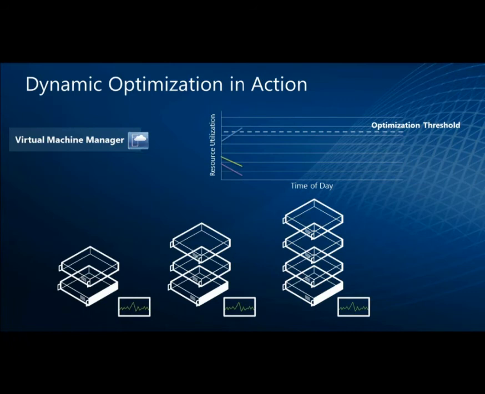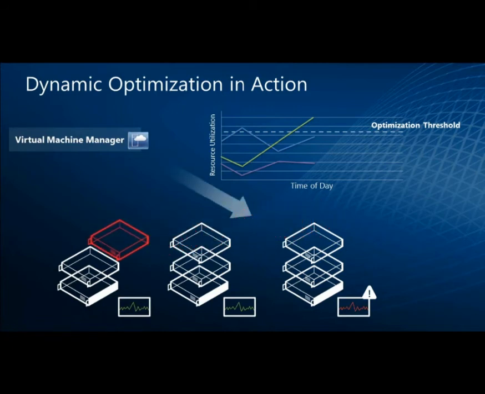And at that point, we've freed up the resources and everything's running fine until maybe a few minutes later, a few hours later, one of these other systems now goes above that specific threshold. At that point, we identify what's the best machine to move. We move that around, and by moving these things around between other systems, what we've done is kept all the machines below the optimization threshold. There are a couple of ways we do that.